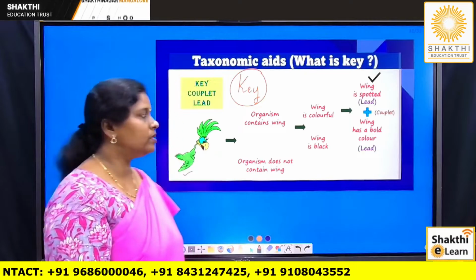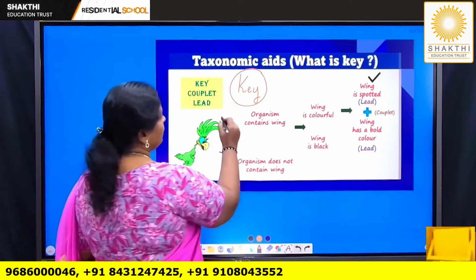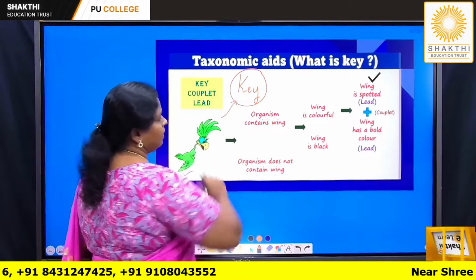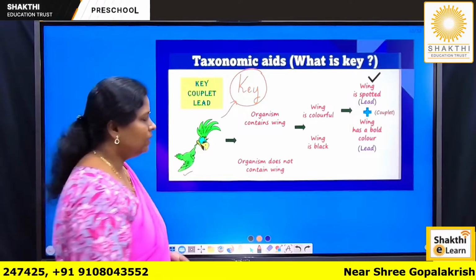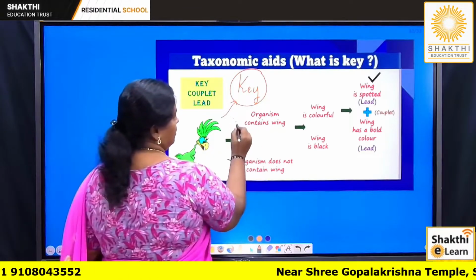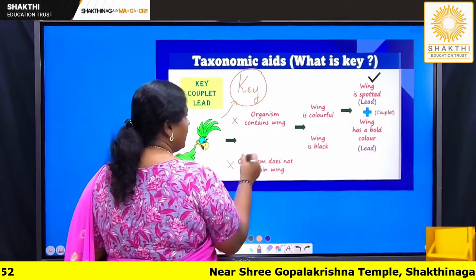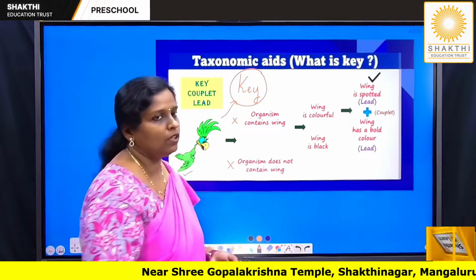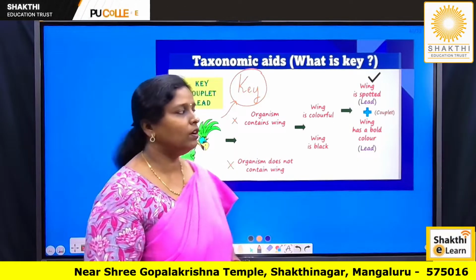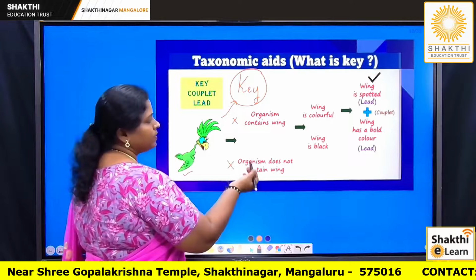So one of the sources is, he or she can refer to a taxonomic aid which is called a key. In a key, there are different options given, and each option will help in better identification of that particular species or organism.